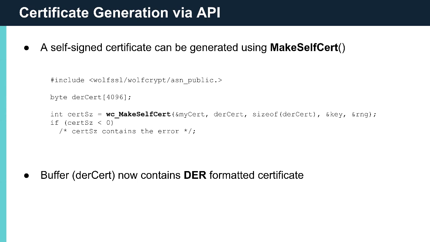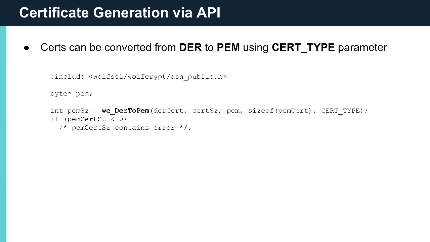If this passes successfully, the buffer derCert now contains a DER formatted certificate. If you need to convert from DER to PEM, you can use our wc_DerToPem API, just using that last argument as cert type to denote a certificate is being converted here.